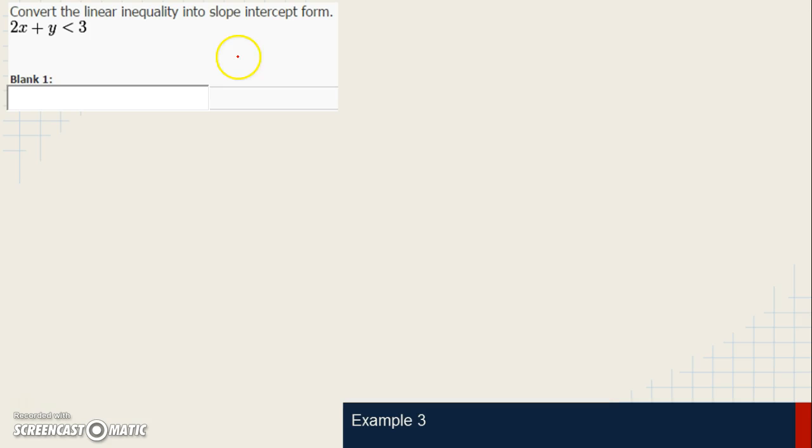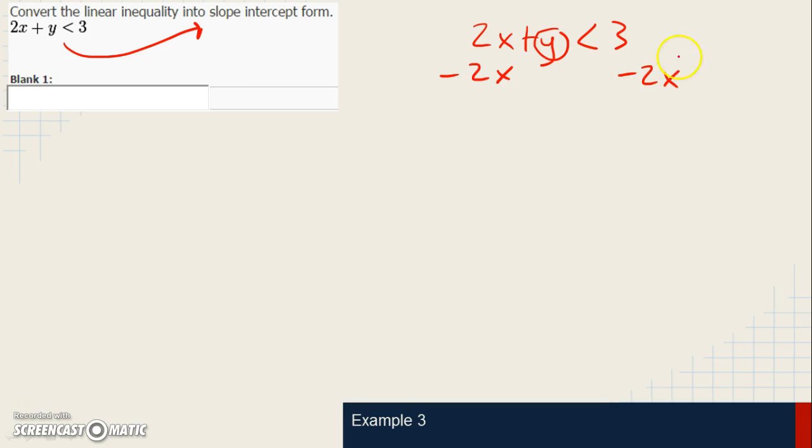And it's just like the first two. So the first thing that we're going to do here, since we're converting it into slope-intercept form, is write the inequality in standard form. And then we're just going to solve for y. We want to get y by itself. So we're going to eliminate the variable term first. So we're going to subtract 2x. This eliminates, so we are left with y is less than.